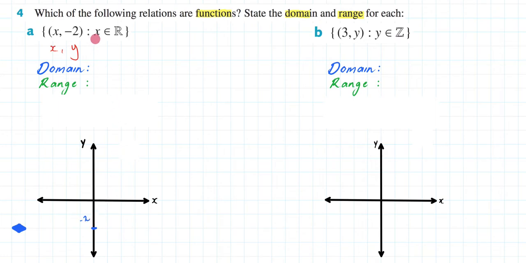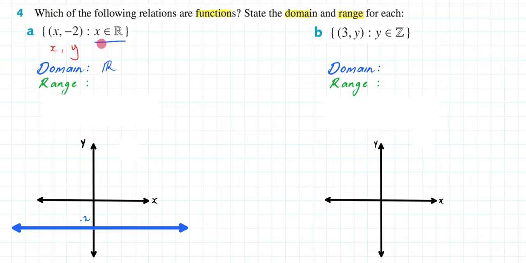For x, it's going to exist for all my x values because we're told here that x is equivalent to all my real numbers. So I'm just going to have a straight line through y equals -2. When it comes time to figure out my domain, it's all real numbers.